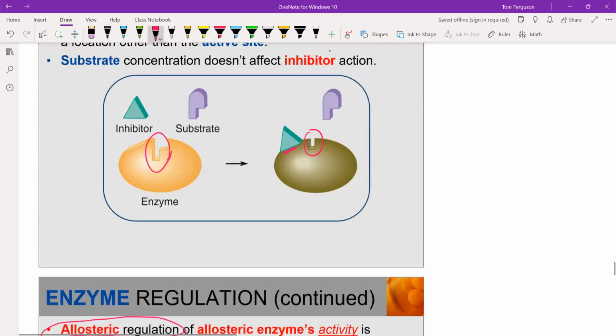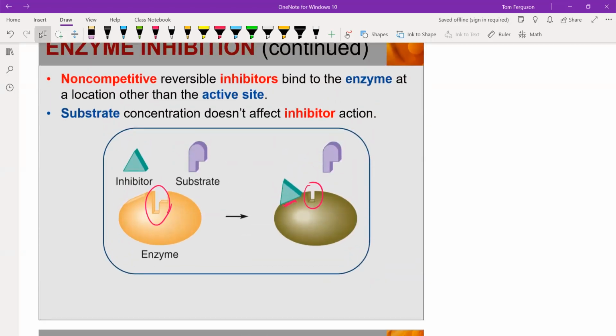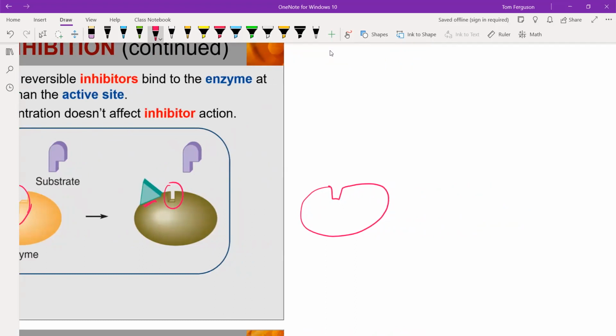So going back up here, if the active site looks like this, and then you get an activator on there, it actually changes the shape of the active site so that the substrate can then fit in there.